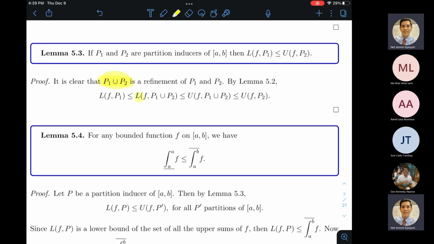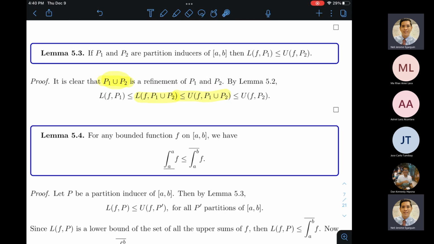Alam na natin na lower Riemann sum ni F relative to P1 union P2 ay mas maliit kesa sa upper Riemann sum ni F relative to the same partition inducer P1 union P2. Alright? Obvious tong inequality na to, right? Ito yung sinasabi natin na pag parehas yung partition inducer, obvious na mas malaki yung upper Riemann sum kesa sa lower Riemann sum. Alright?